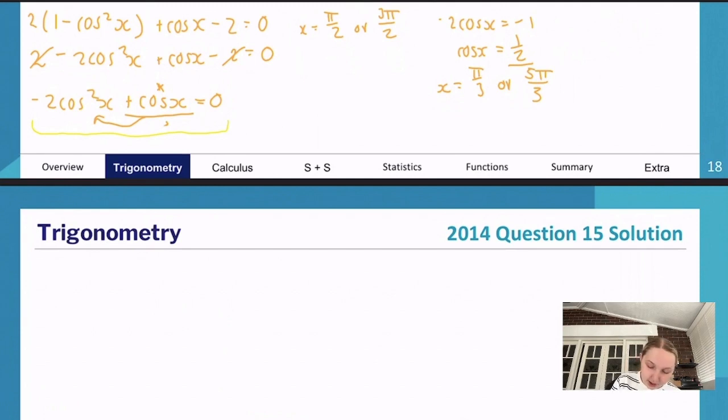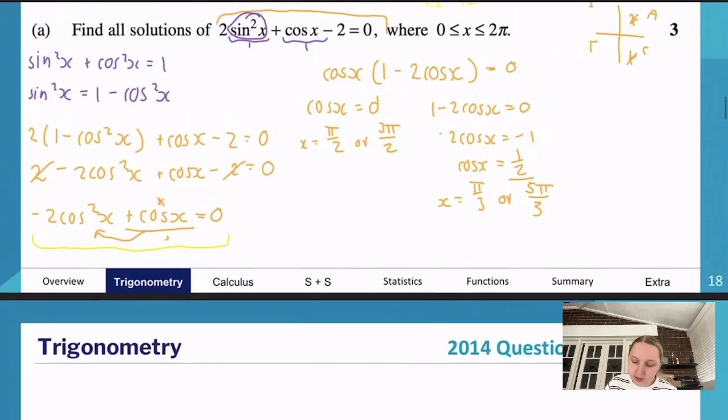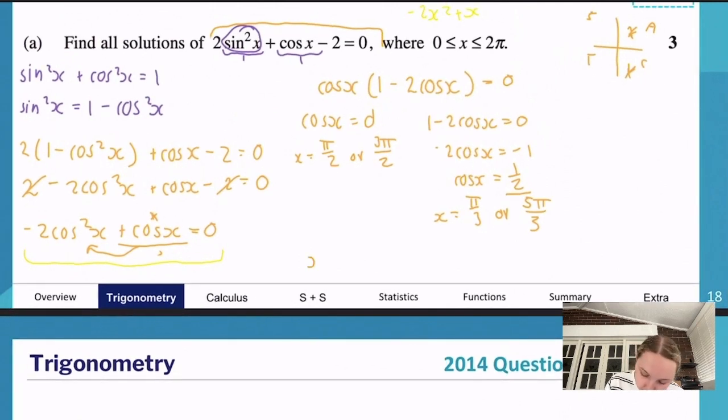X, therefore, is equal to pi on 3, pi on 2, 3 pi on 2, and 5 pi on 3. And that brings us to the end of that question.